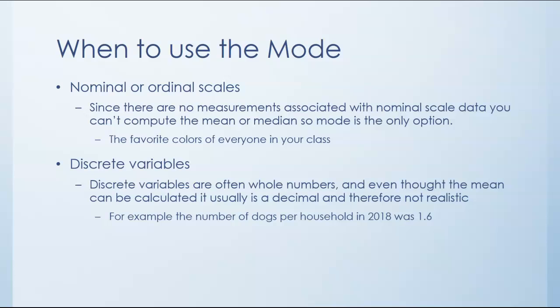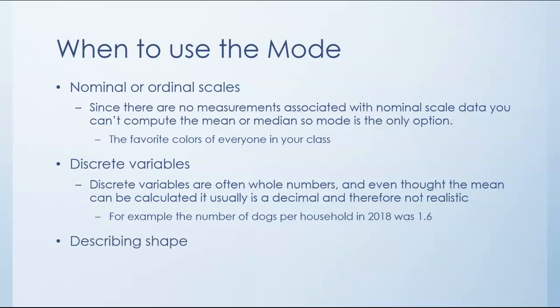So the mode would be a much more accurate representation of the number of dogs most people have in their household. It's kind of like the age-old thing about the average couple in America having 2.5 children. You can't really have half a child, so that's where we want to talk about the mode versus talking about the mean.